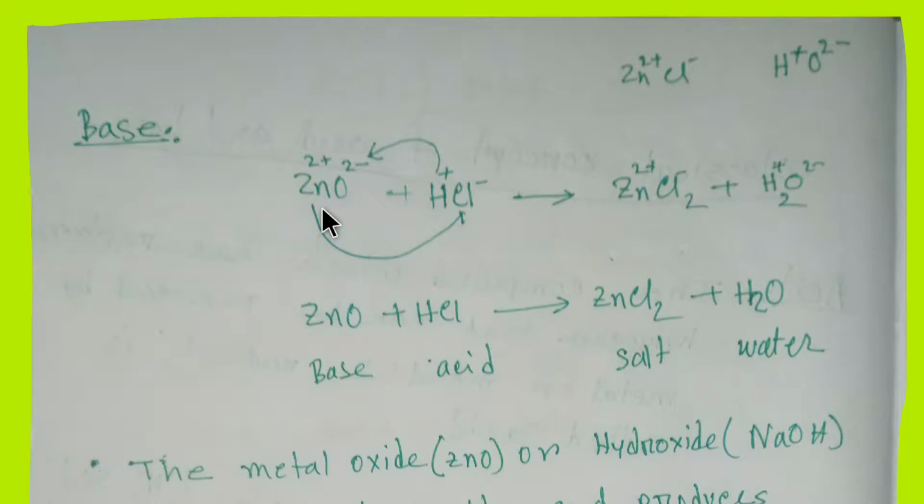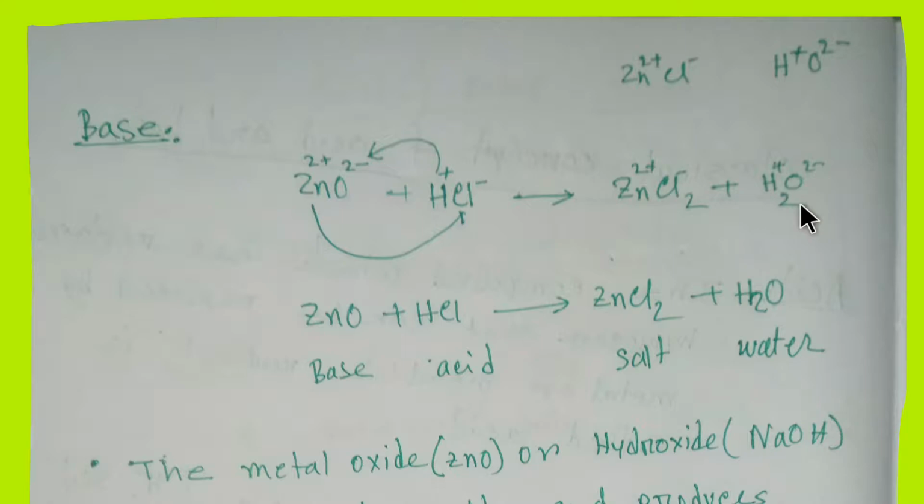How does this reaction happen? Zinc oxide, that is the positive part, will come with the negative part, so zinc chloride, right? Zinc has 2 plus, so we need two chlorine, that is 2 negative ions, and the positive part of this will come from here.